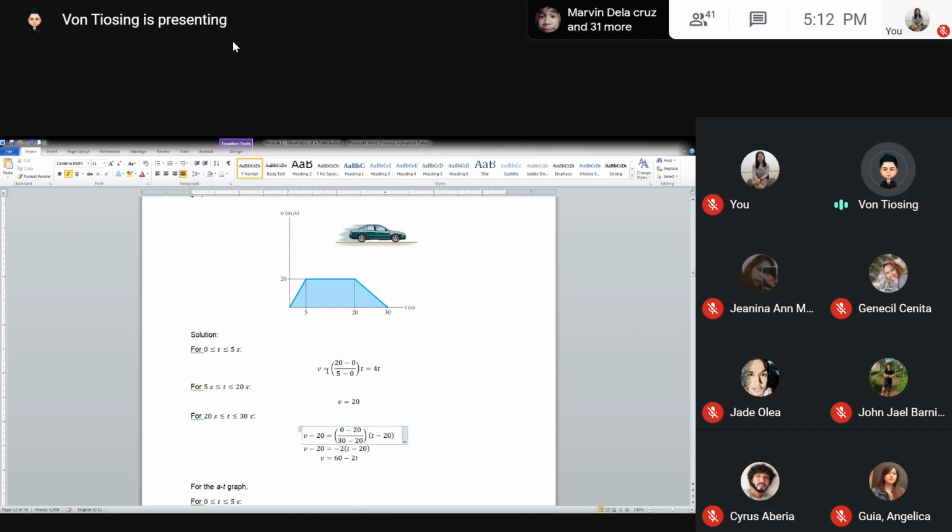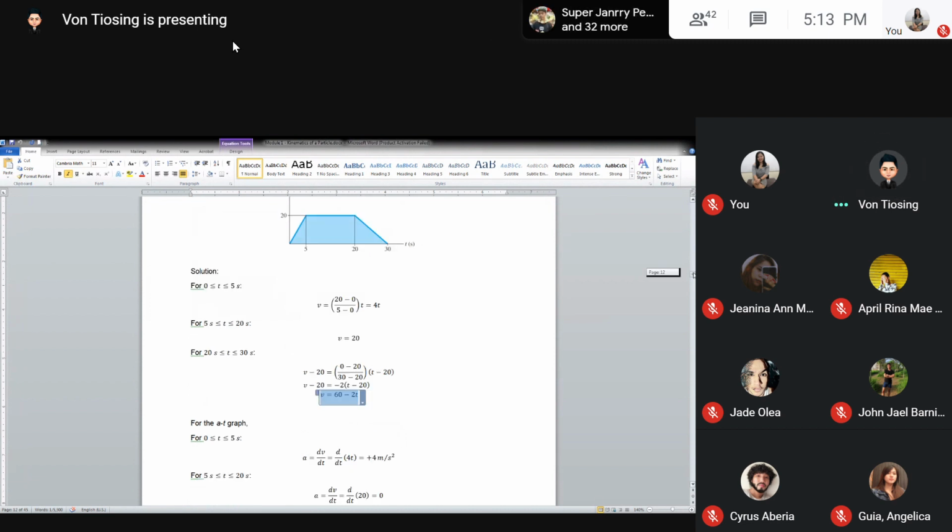So v minus 20 equals the slope, which is obviously negative: 0 minus 20 over 30 minus 20, times t minus 20. We will get velocity equals 60 minus 2t. You must know how to get the equation of a certain graph.